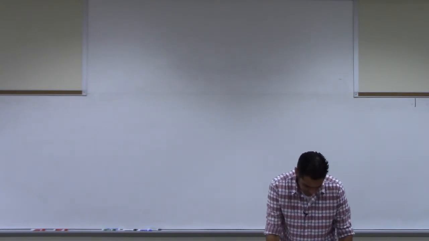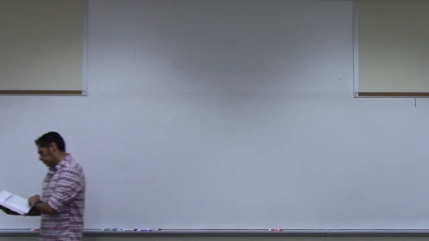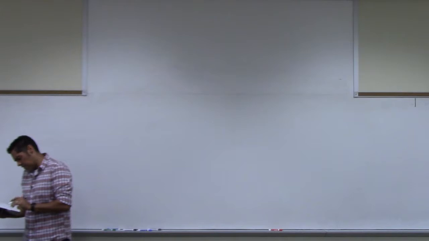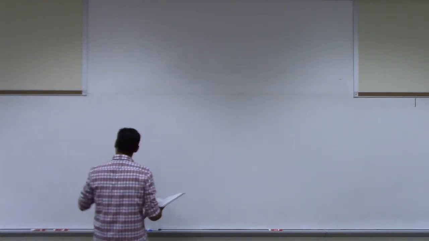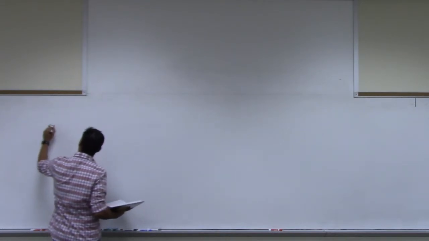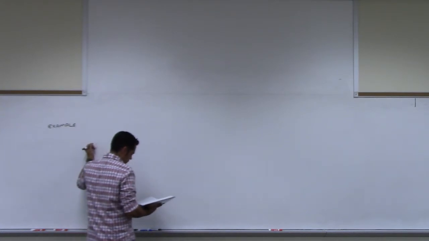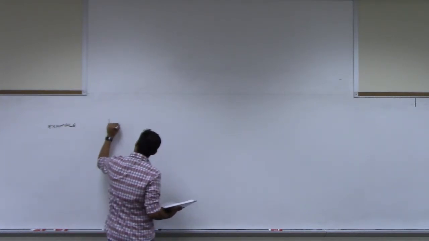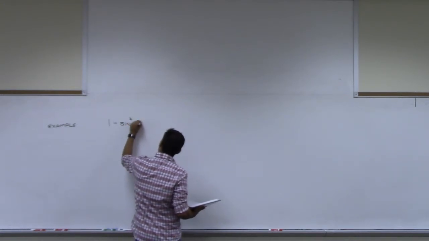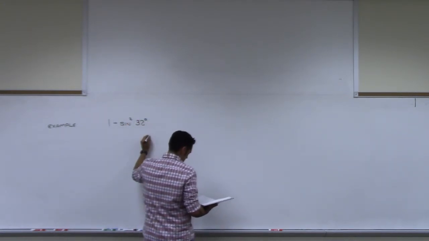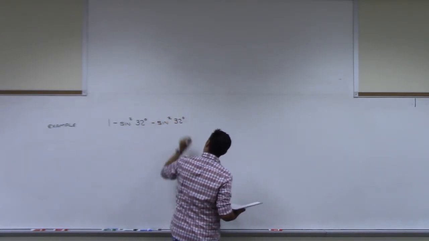I'm looking at your homework because there was one problem in there that I wanted to do one like it. Where was it? 40. Oh, here we go. Something like this. This is an example. What's 1 minus sine squared of 32 degrees minus sine squared of 32 degrees?